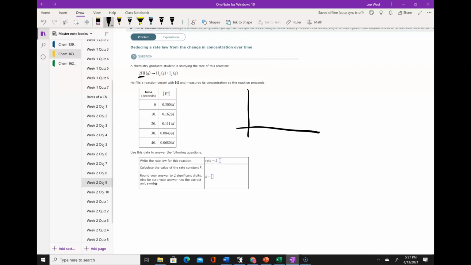We're going to make 3 plots. We're going to plot the concentration against time. And if we get a linear plot with a negative slope, the slope will be equal to minus the rate constant. Our reaction will be 0 order.